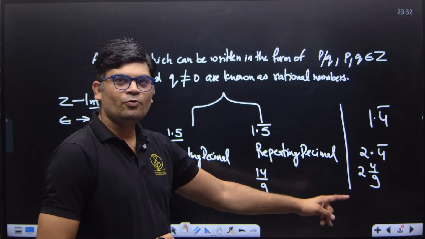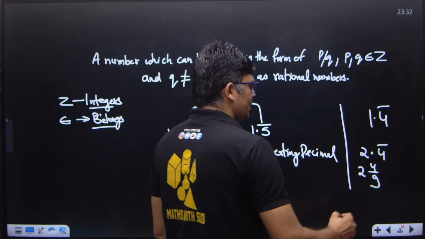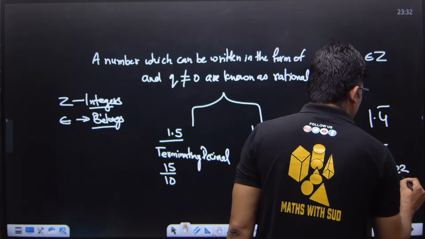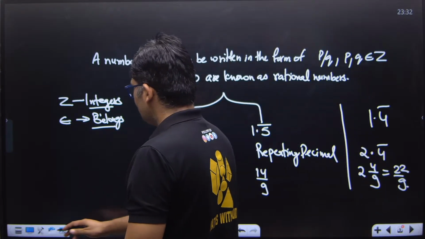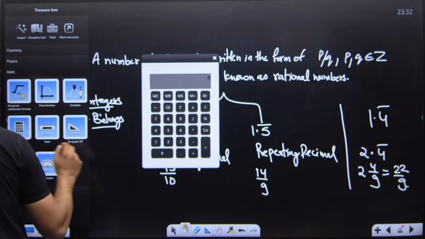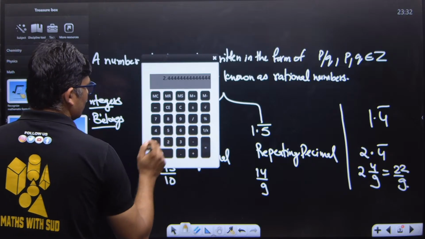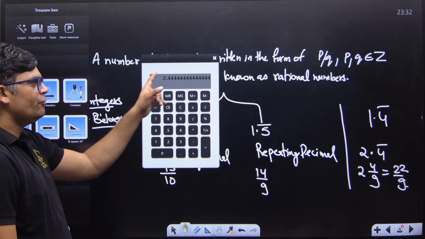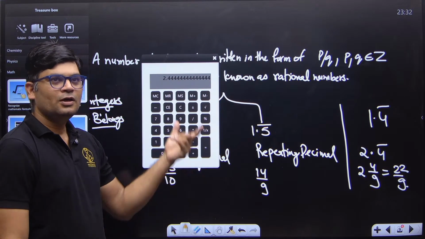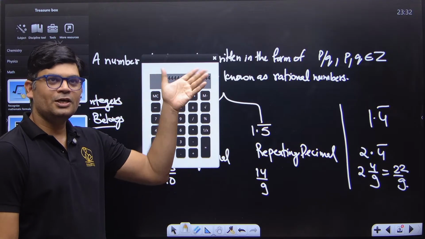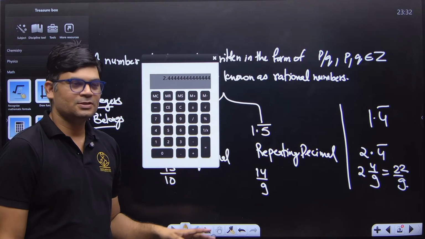So 9 into 2 is 18 plus 4, 22 by 9. We can have a check on it. See this? 2.44444. The display has ended, but it will keep on getting up to infinite decimals.